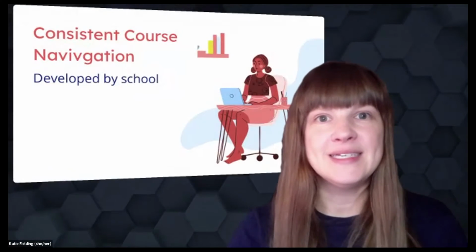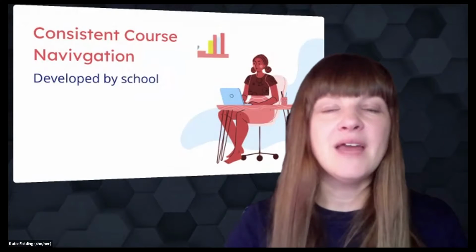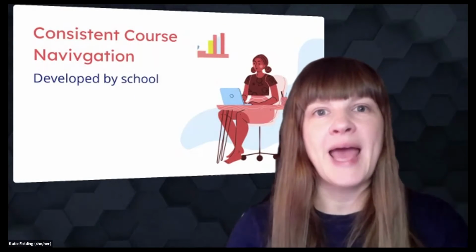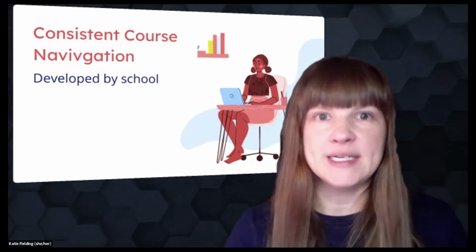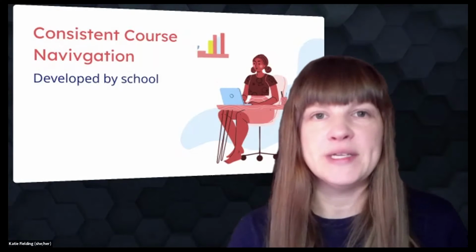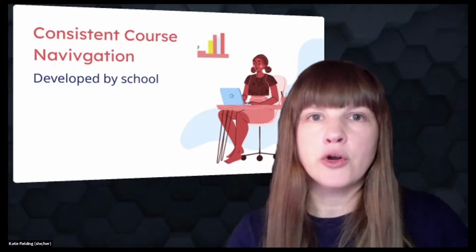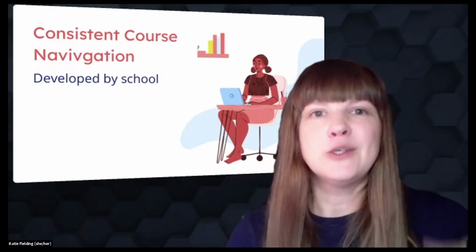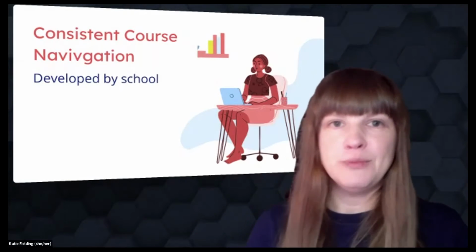Also, consistent navigation. If you use a tool like Canvas, or if you have class web pages, you always want the navigation to be the same for predictability. You want the links on the left side of a Canvas course, for instance, to always be in the same order, whether the student is in Spanish or English or art. Our school has a set order that teachers use.